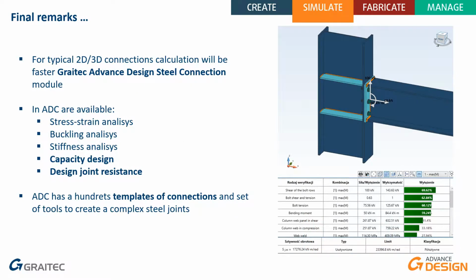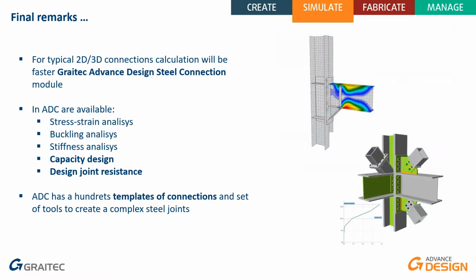And the final remarks: sometimes I think for typical 2D and 3D connections, calculation will be faster with simpler software like Graitec Advance Design Steel Connection module. I showed some possibilities of Advanced Design Connection, but there are available also capacity design and design joint resistance calculation.